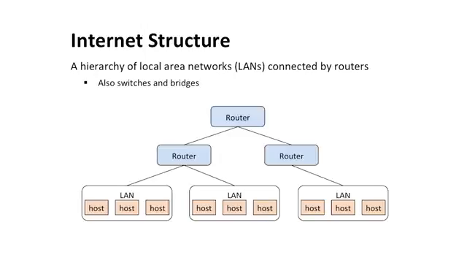It doesn't have to be routers, it can be switches and bridges and things like this, but networking infrastructure. A massive hierarchy of this that all communicates together to form the internet. Now, this is a vast simplification, but the general idea is that at the bottom, at the local area network level, that's out of control. At the top level, there's got to be some structure imposed so that everybody can talk together.